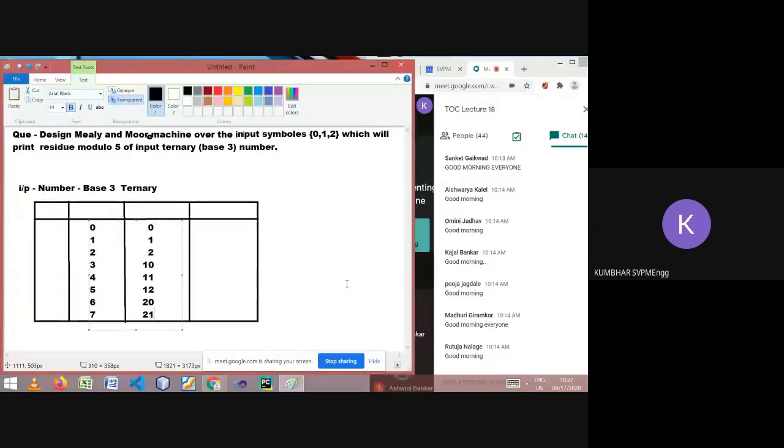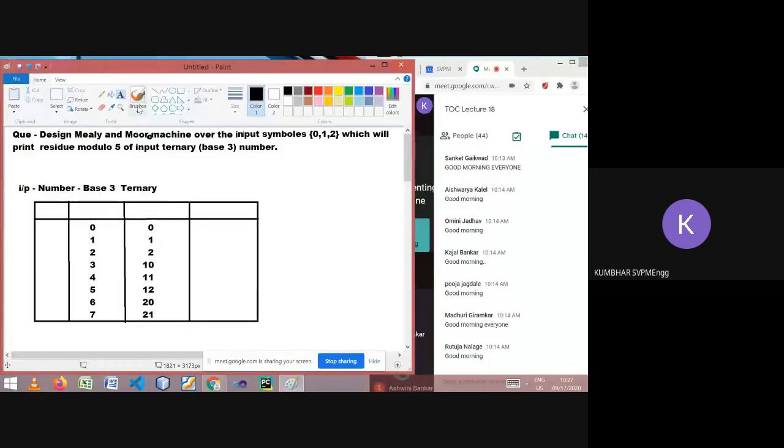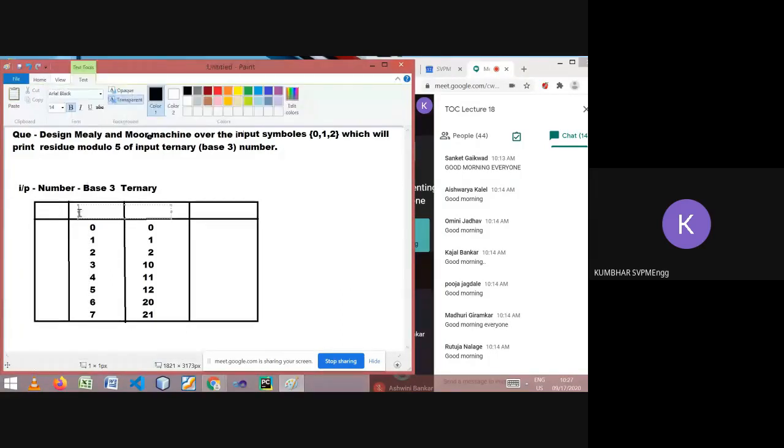Likewise, the ternary numbers are. Let me give the heading. This is the set of decimal numbers. Sorry, I have to shorten the font. Let's say these are the decimal numbers.